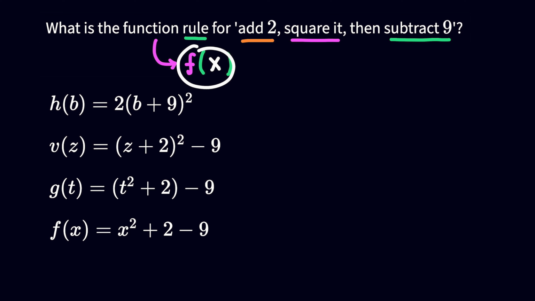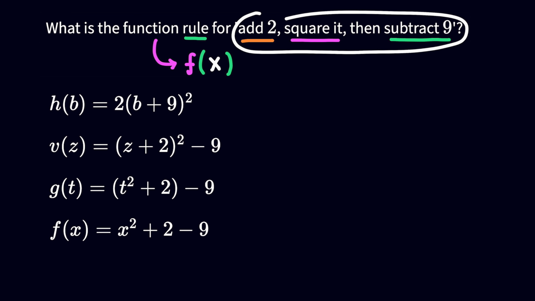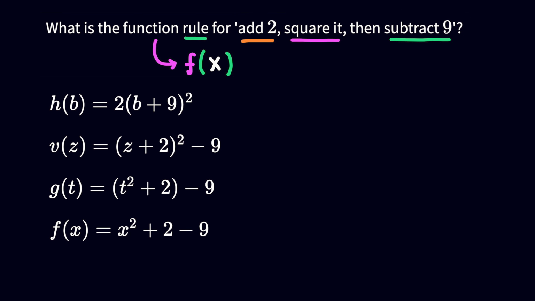Usually when you're doing function notation, the number one function notation is f of x, which we see down here, but we could have different variables as well. We have a rule g that is bossing around the variable t. V is bossing around z, and h of b, respectively. So now all we have to do is just find out what that variable is doing. So let's get down to it.